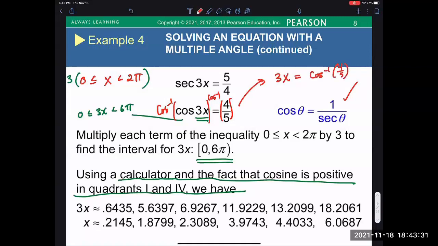Now, when you take cosine inverse of 4/5, the restricted domain on the cosine function means it's going to be some number between 0 and pi. So what we have here will be a number between 0 and pi, and that's the first answer they got. In this case, 3x would be approximately 0.6435, and that's how they got this answer.